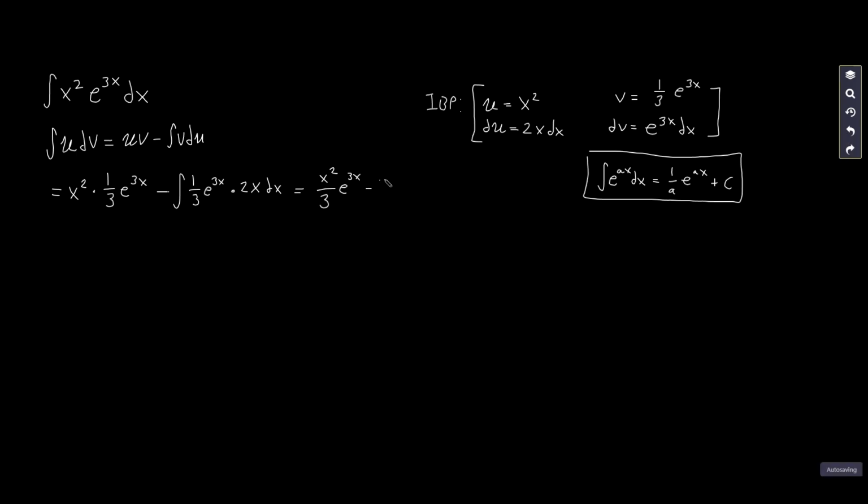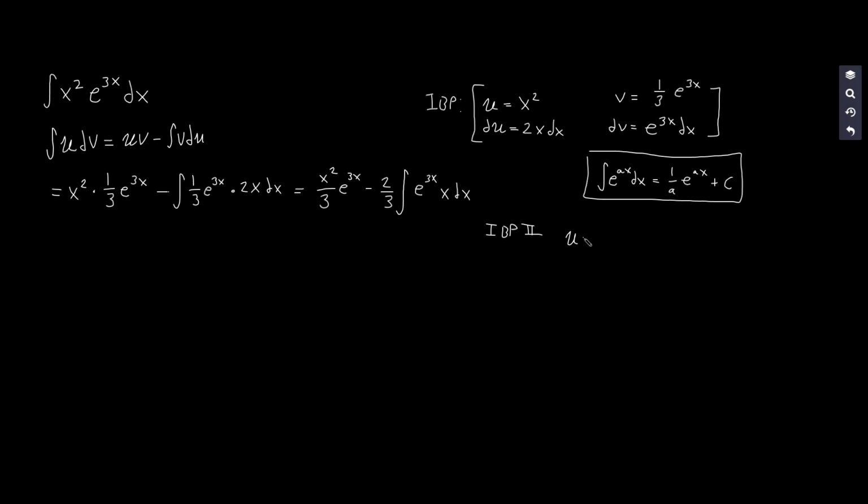So that's 2 over 3 times the indefinite integral of e raised to the power of 3 times x, integration with respect to x, and then this is a product. There's a product in the integrand, and so that's going to call for integration by parts, part 2.